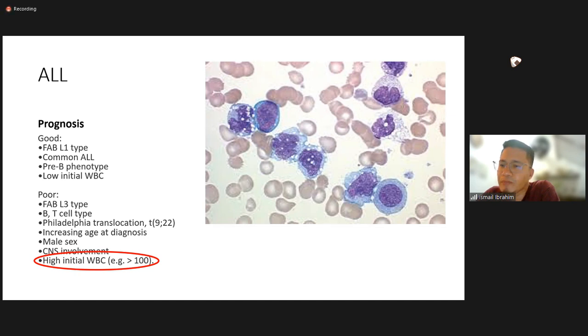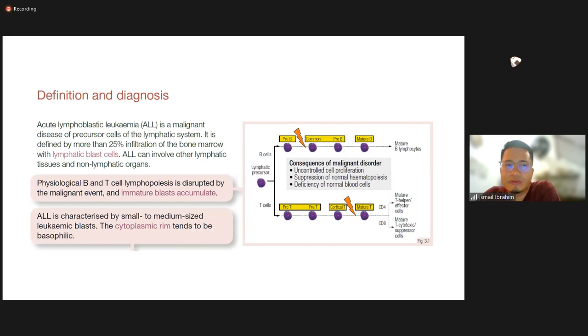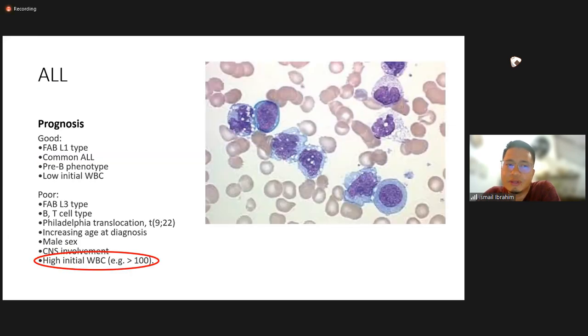If we look into the image that I shared here, this is an example of acute lymphoblastic leukemia. To be more specific, this is L3. There are three main types of acute lymphoblastic leukemia: L1, L2, and L3. L1 normally is small, L2 is medium size, and L3 will be big.